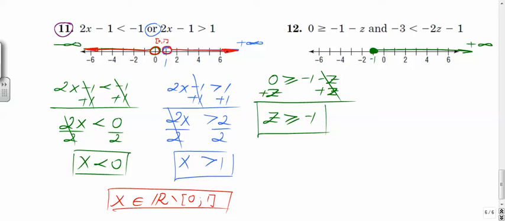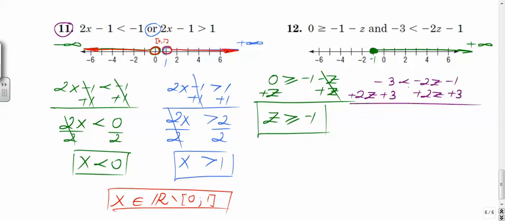The other one, negative 3 less than negative 2z minus 1. I can do the same thing here by adding 2z. I like to have my variable positive. I will add 2z, and I'm going to add 3 such that my 3 will move from the left side. I hope you understand what I'm doing here.